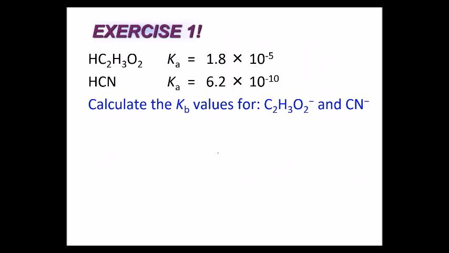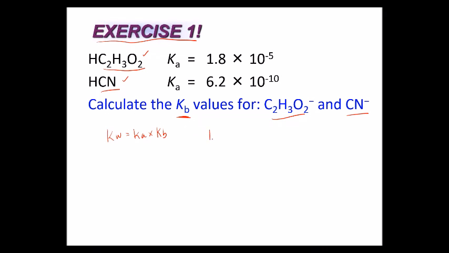All right, so let's look at an exercise here. We need to calculate the Kb values for acetate and cyanide, who happen to be the anions of these two acids. This is acetic acid and hydrocyanic acid. So it's very simple, easy to calculate the Kb values because we have that formula, Kw equals Ka times Kb.